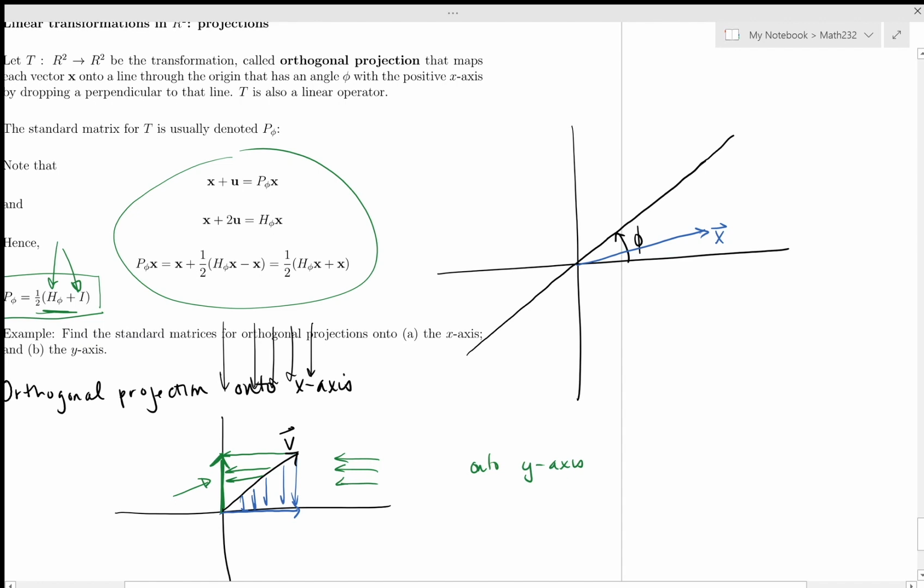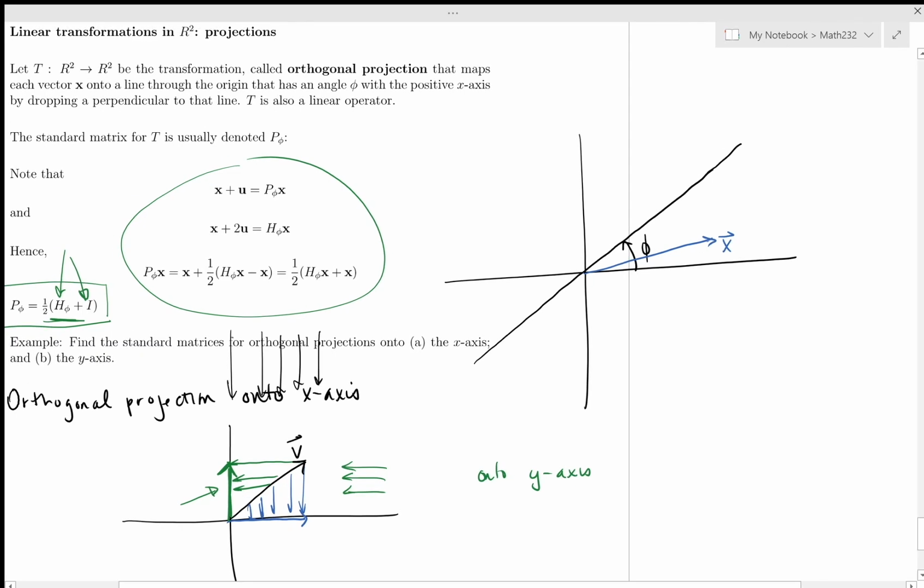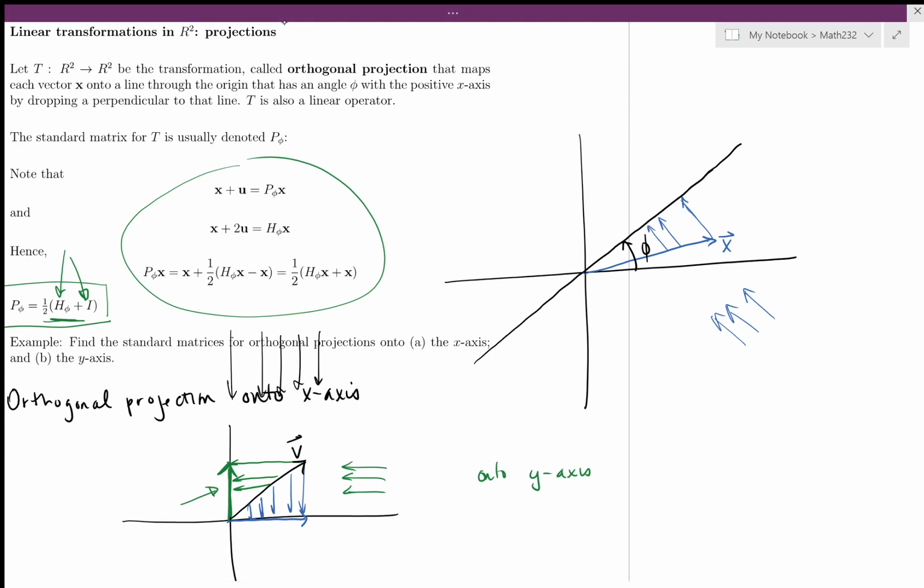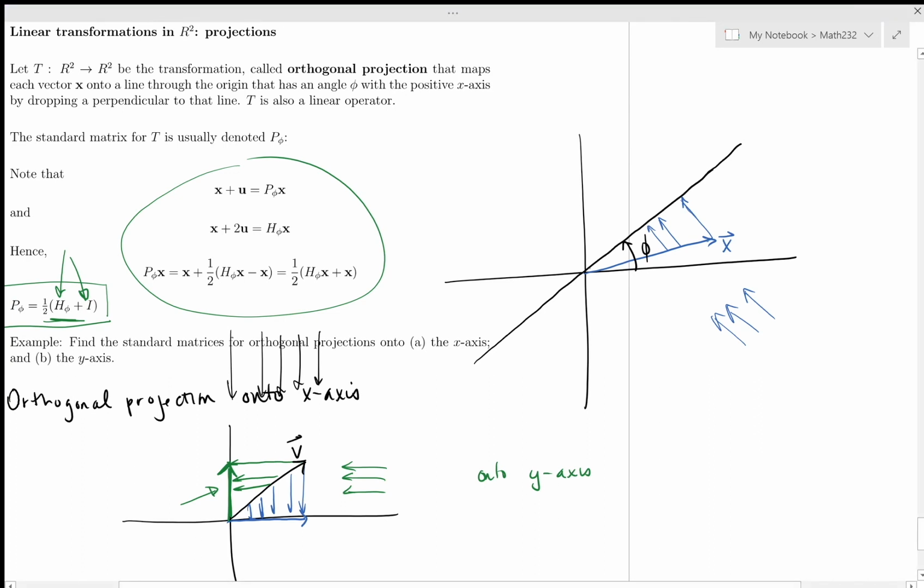So we imagine a light source over here, shining light in this direction, orthogonal to the line. So that means we're going to get the projection right here, and our projected vector will be this guy right here. That is the projection of x onto the line. So this is p phi times x.